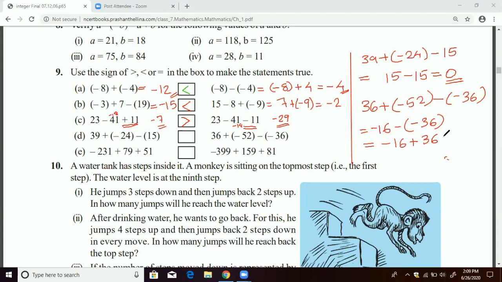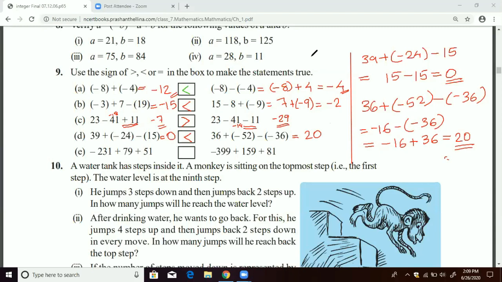You will get the answer negative 52... Positive 20 here. In the first case, you will get the answer 0. So 0 or 20, which is greater? Obviously, 20 is greater and 0 is smaller.